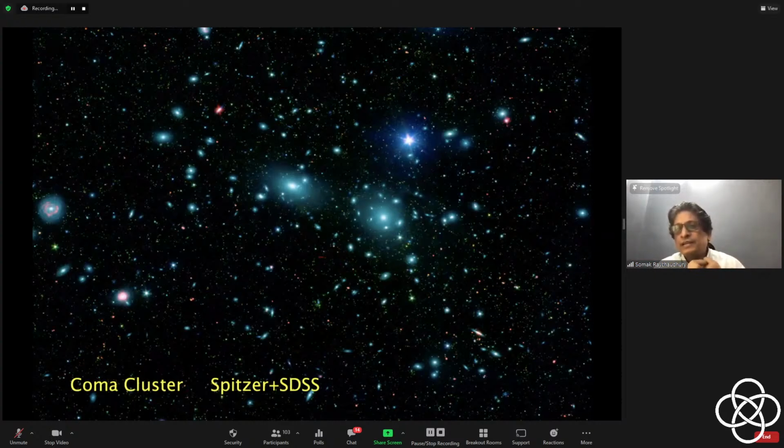Zwicky, a few years later, had already measured the radial velocity, using the same setup, the spectrograph, of galaxies in the Coma Cluster. And he came to the conclusion that they were moving too fast if you assume that the mass of the cluster is the same as the mass inferred from the light, which means that you see the light coming from the galaxies.